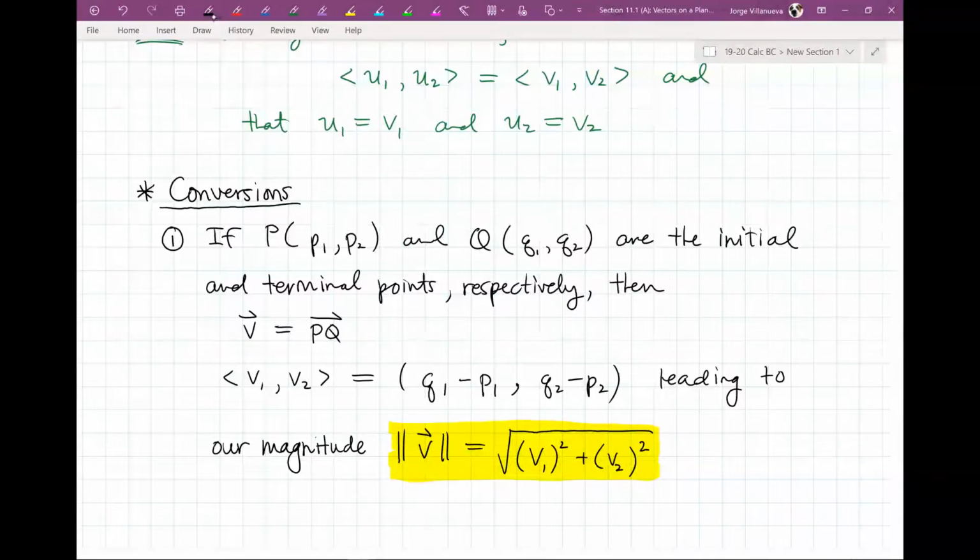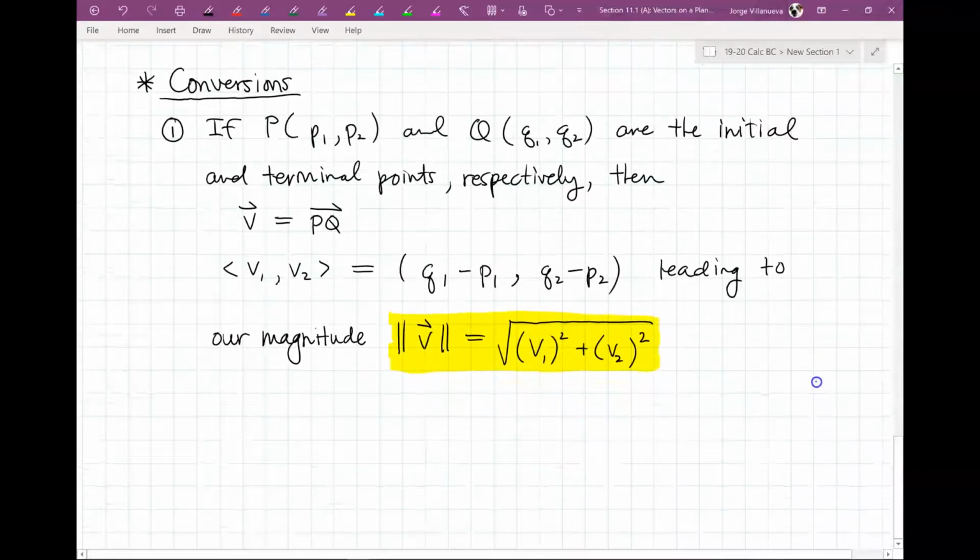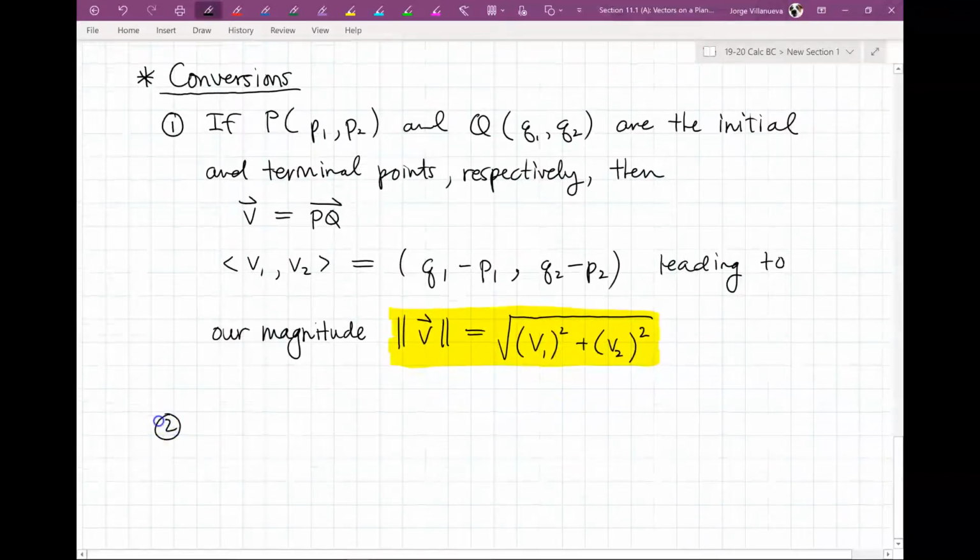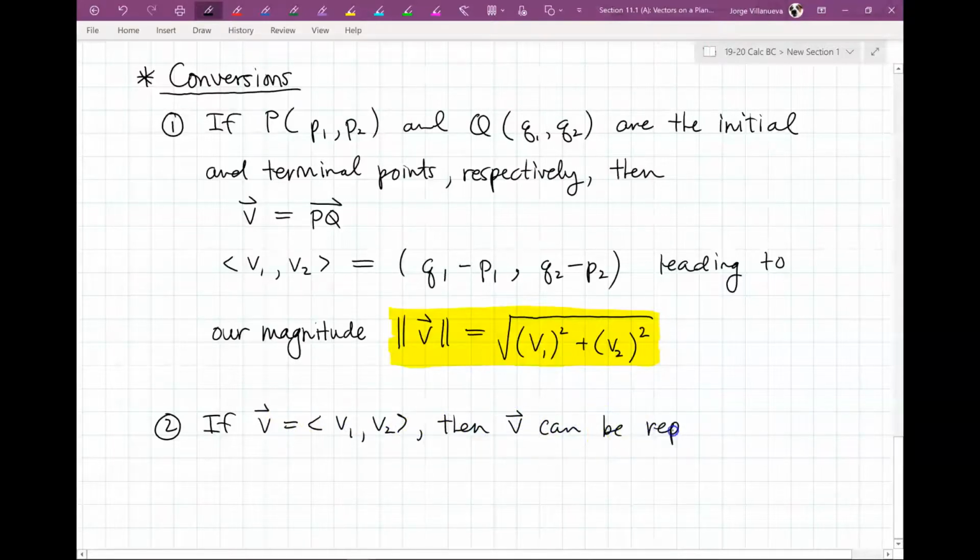And then the last one for conversion says if vector v is equal to v sub 1 comma v sub 2, then vector v can be represented in standard position.